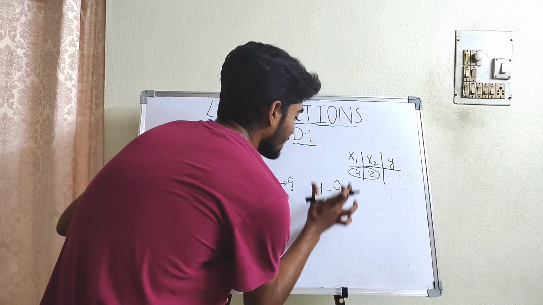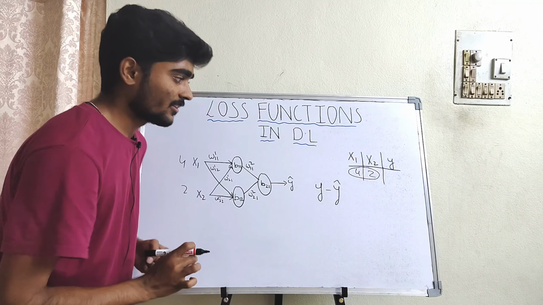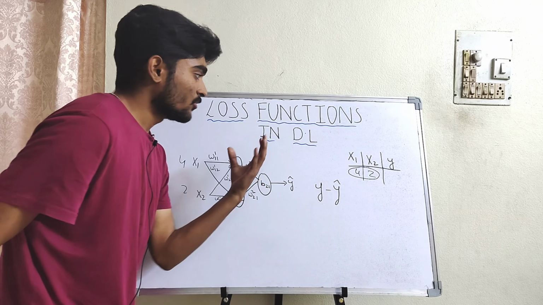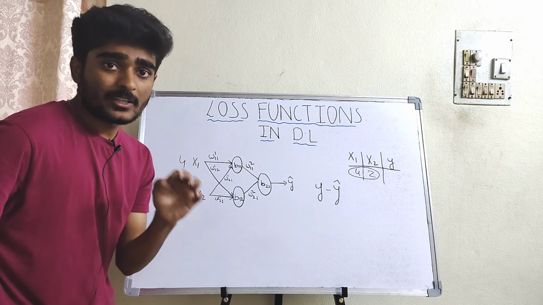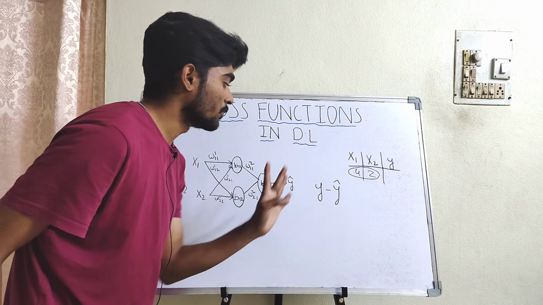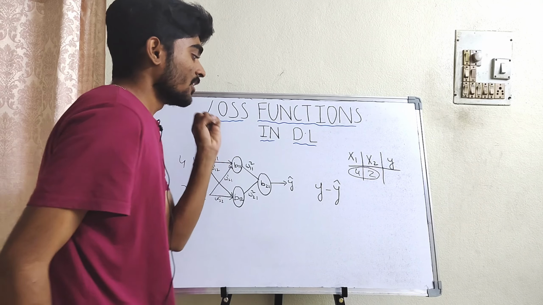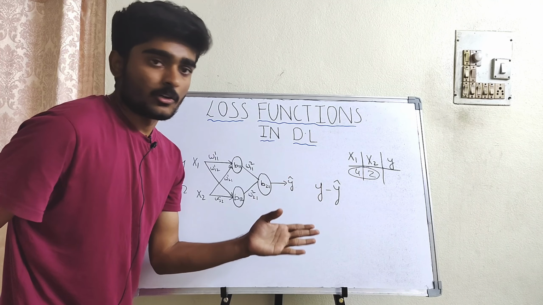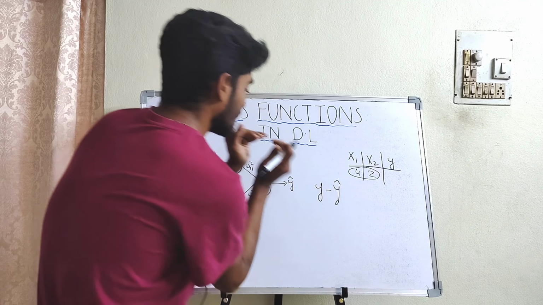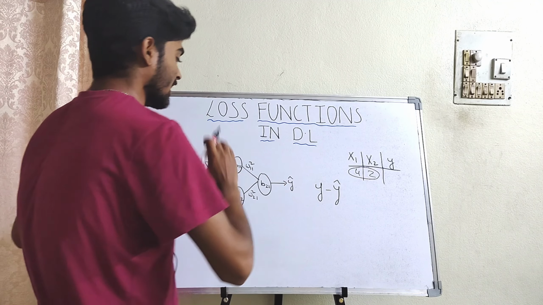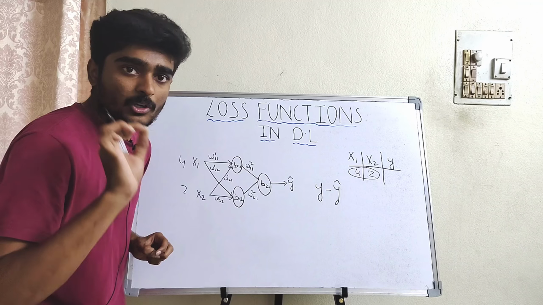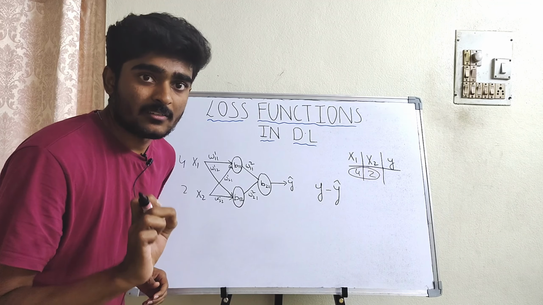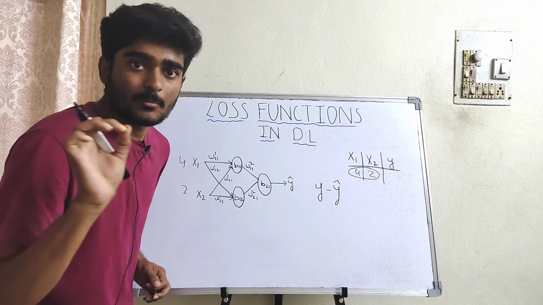After calculating this error, your model understands that the difference between the true output and predicted output is high. Then it backtracks, and the only option it has is to update the weights and bias parameters.